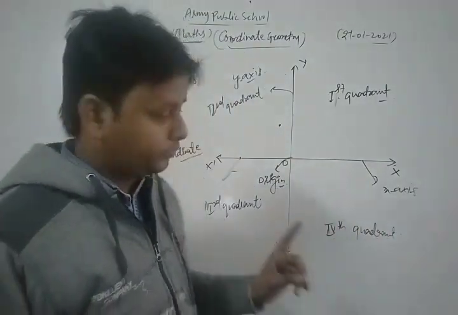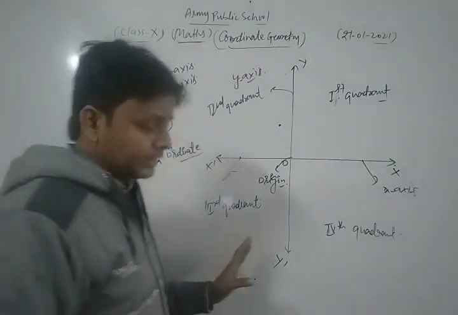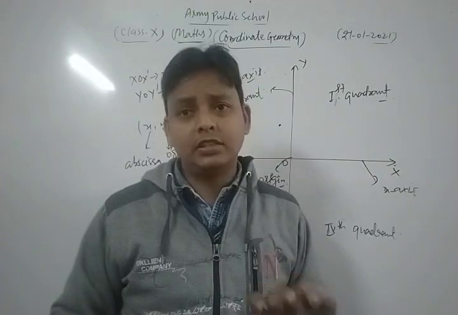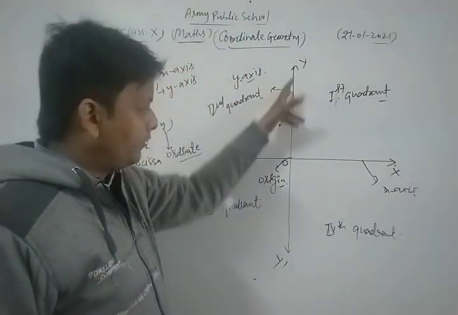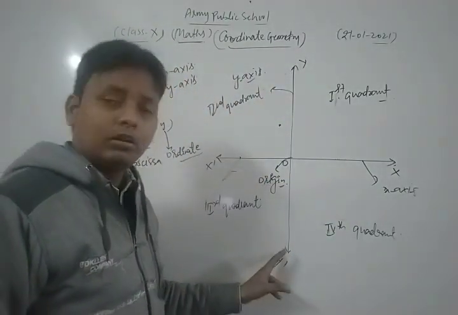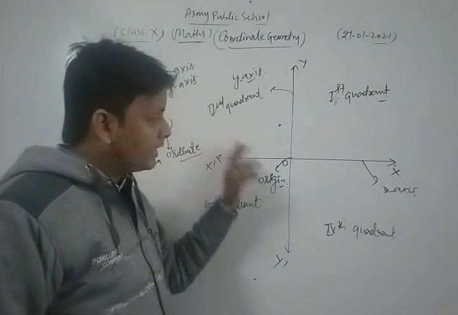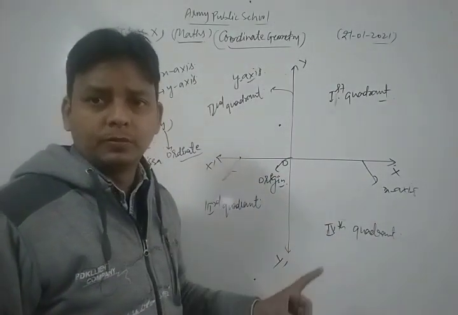One of the most important things is that the abscissa of every point on the y-axis is 0, and the ordinate of every point on the x-axis is 0.